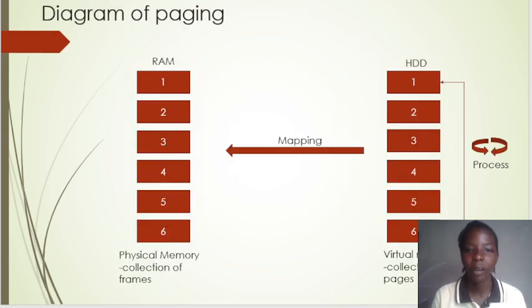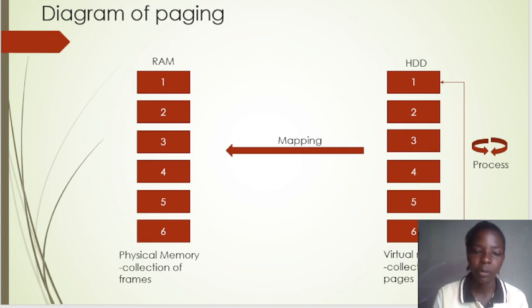This is a simple diagram of what I was explaining. The RAM, which is the main memory, is divided into those parts, 1, 2, up to 6. Those are like partitions, and we call them frames. In the main memory, the physical memory, we call them frames, but in the virtual memory, we call them pages.